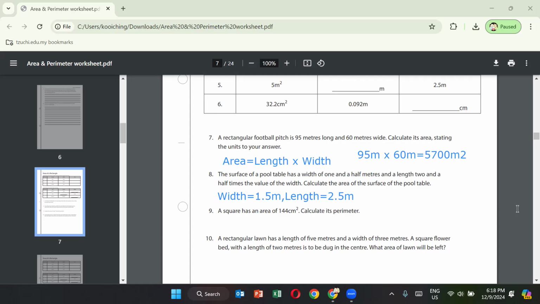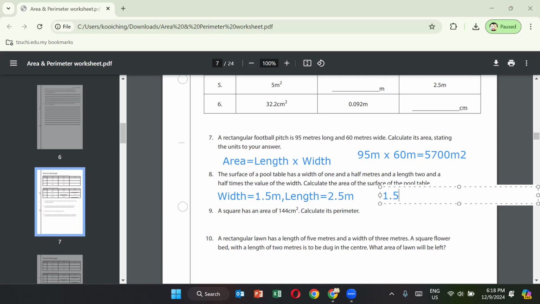Okay, so by knowing the width and the length now, we will be calculating it. So I will multiply the width and the length together.